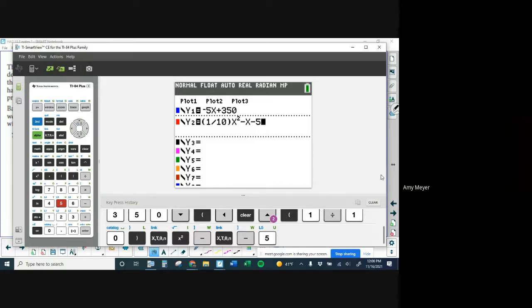I just put it back to 10 just for now. I doubt our window's going to look good because we're in the 350s, but let's do a -10 to 10 window and see what it looks like.